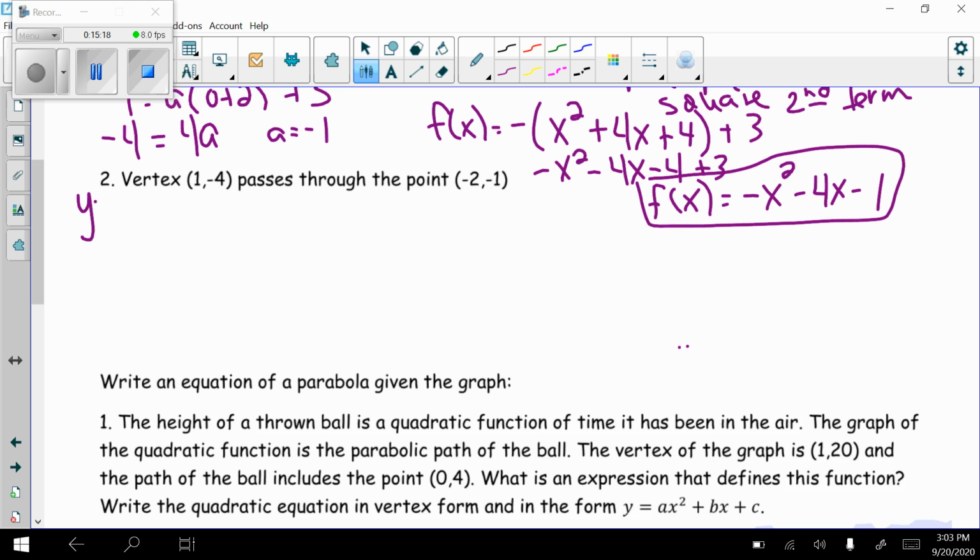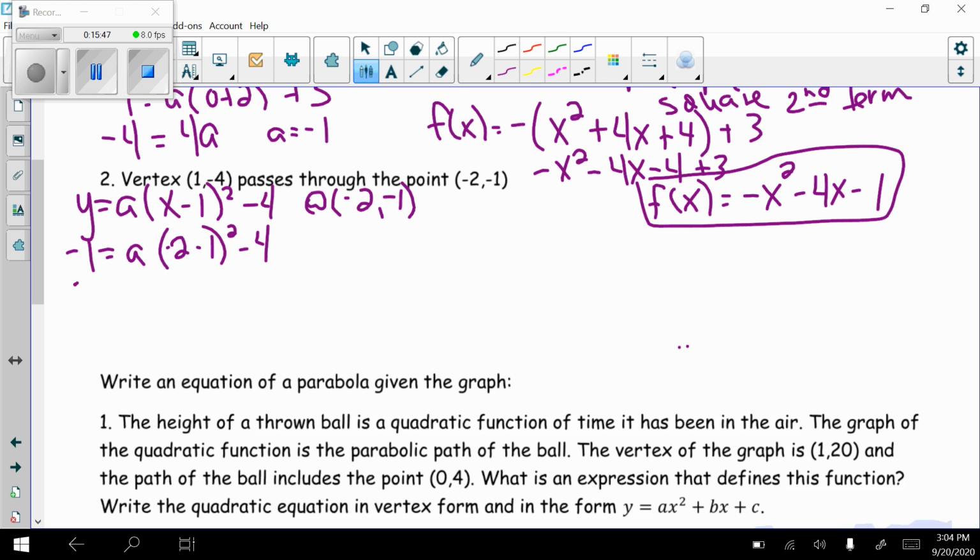So I write y equals a, because I don't know that yet, parentheses, x minus 1, quantity squared, minus 4. At the point negative 2, negative 1, I'm going to plug negative 2 in for x, negative 1 in for y, and solve for a. So I'm going to have negative 1 equals a, parentheses, negative 2 minus 1, quantity squared, minus 4.